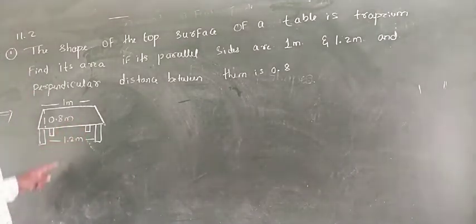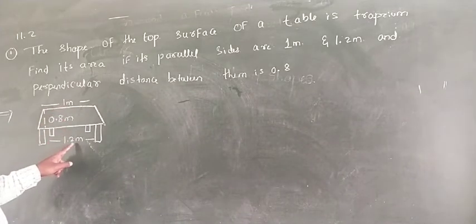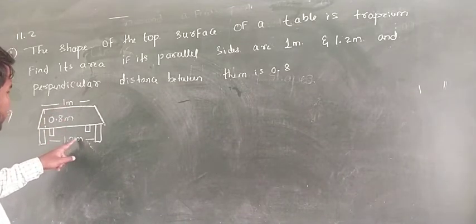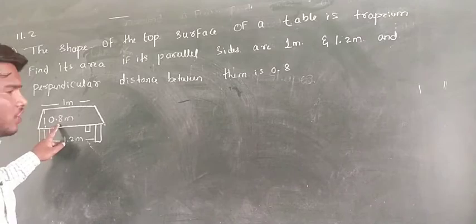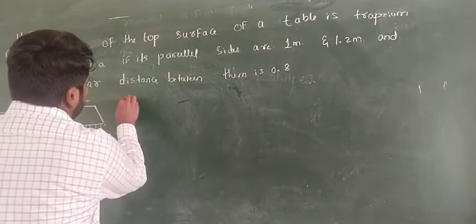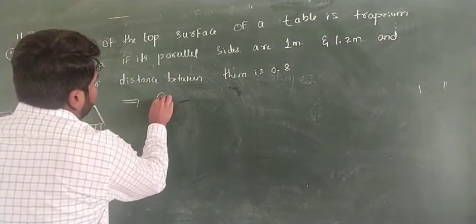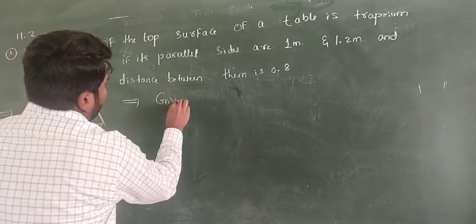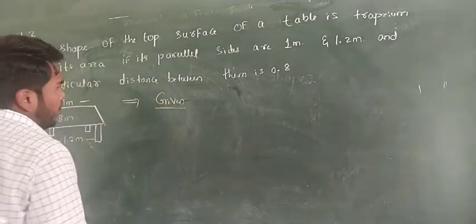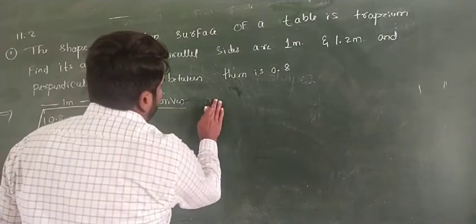The two parallel sides are given as 1 meter as well as 1.2 meter, and the height is given as 0.8 meter. So first we can write the given.